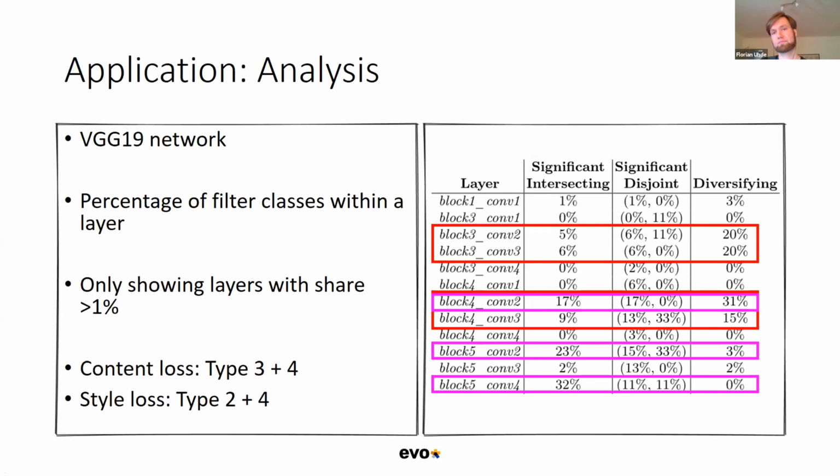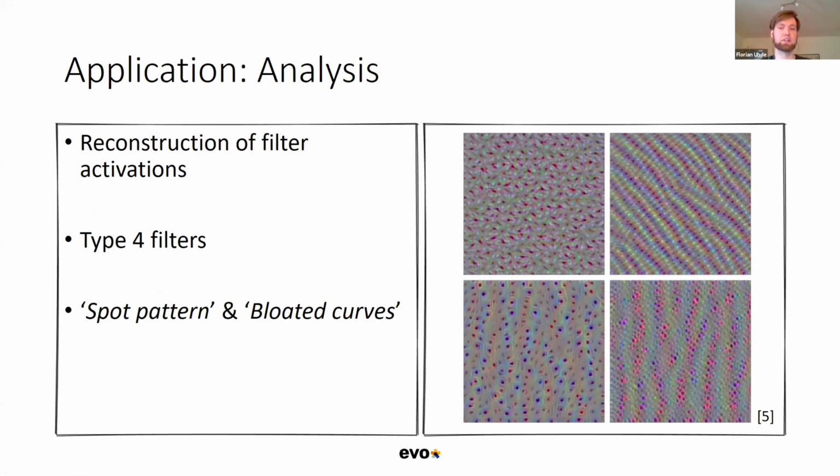And to give you a bit of a hands-on idea of what we're talking about, this is a rendering of what those filters activate on. I took the top 4 type 4 filters and reconstructed what would give a high activation value on them. To recall, type 4 were features that are very dominant in one of the image classes, but not so dominant or not present at all in the other class.